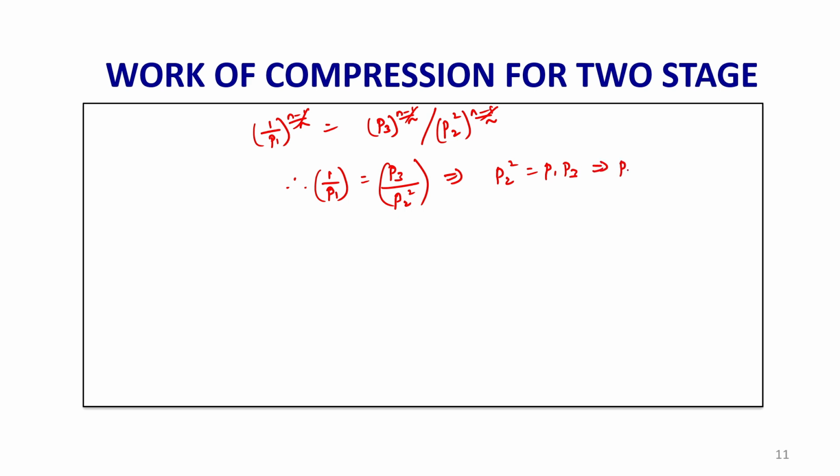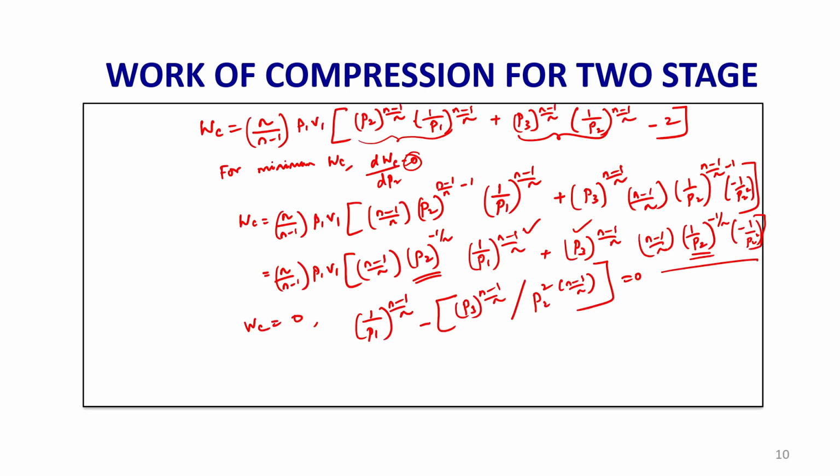Therefore, the intermediate pressure is equal to the square root of P1 P3, or P1 P3 to the power of 0.5. Only one step I have skipped here.